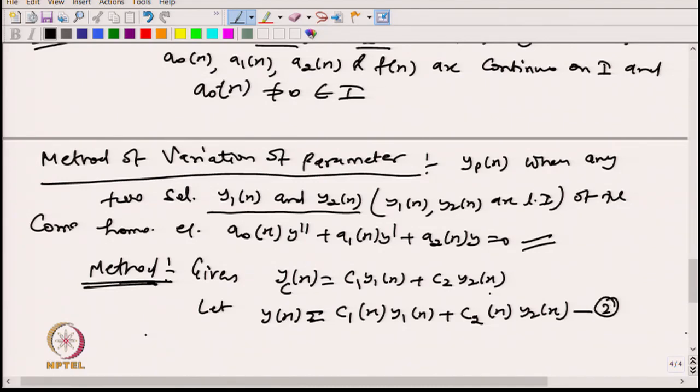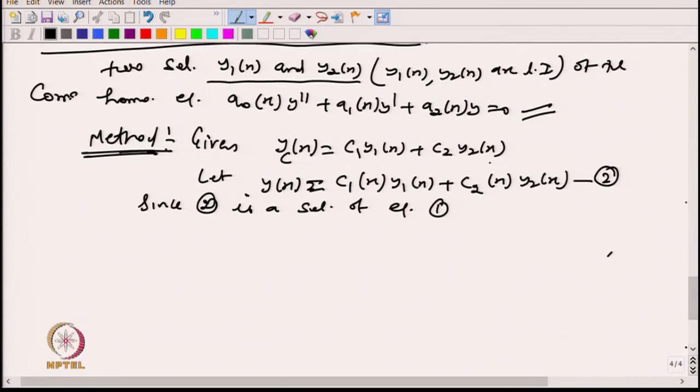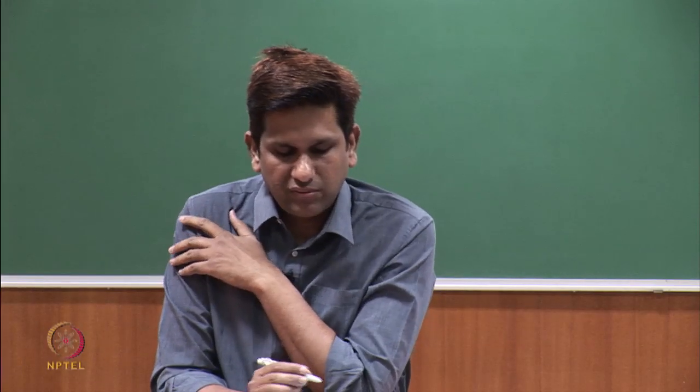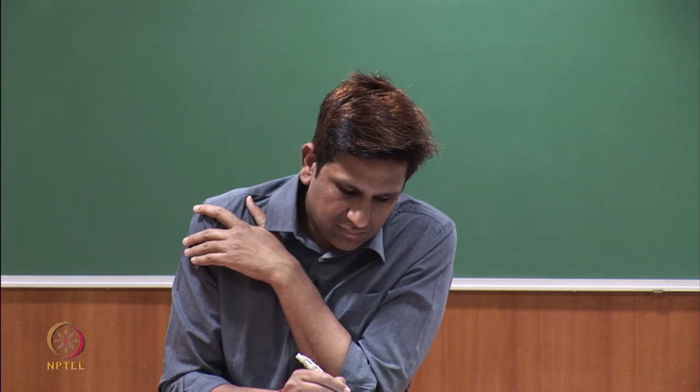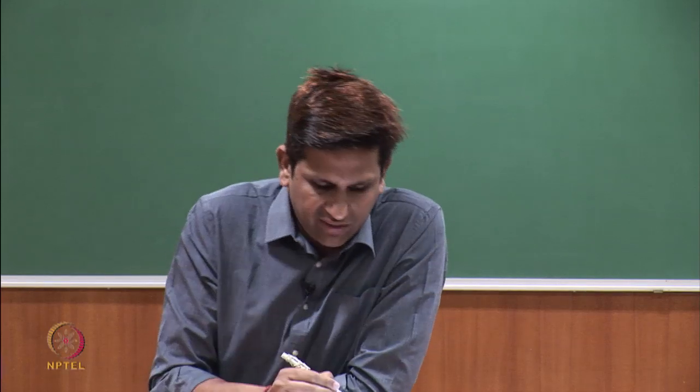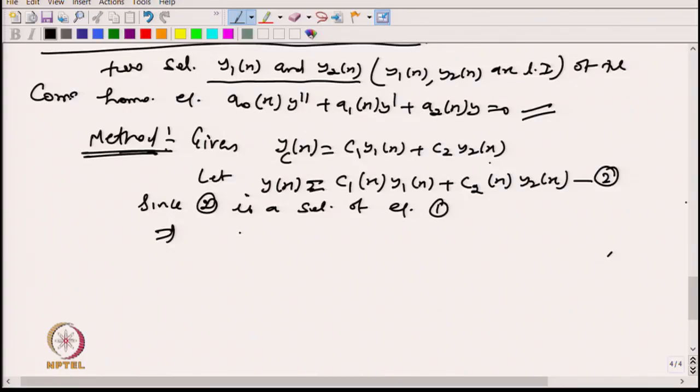Equation 2 is a solution of equation 1. Now, for simplicity in taking derivatives, I will write equation 2 as y equals c1 y1 plus c2 y2, because we have to take the first derivative and the second derivative.